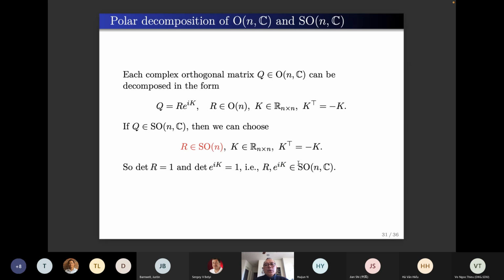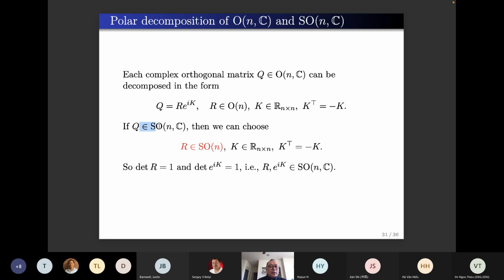Now, polar decomposition of On(C) and SOn(C): do we have that? Yes, we do, because you can get it from Cartan decomposition. Each complex orthogonal matrix Q can be decomposed in this form: Q is R times e^{iK}, where R is in On and K is in R^{n by n}. Not only that, K transpose is minus K, that is, it is a skew symmetric matrix.